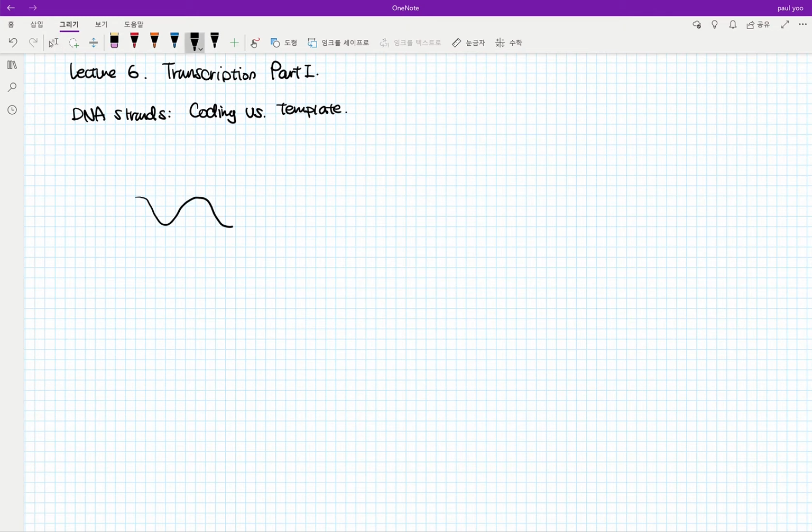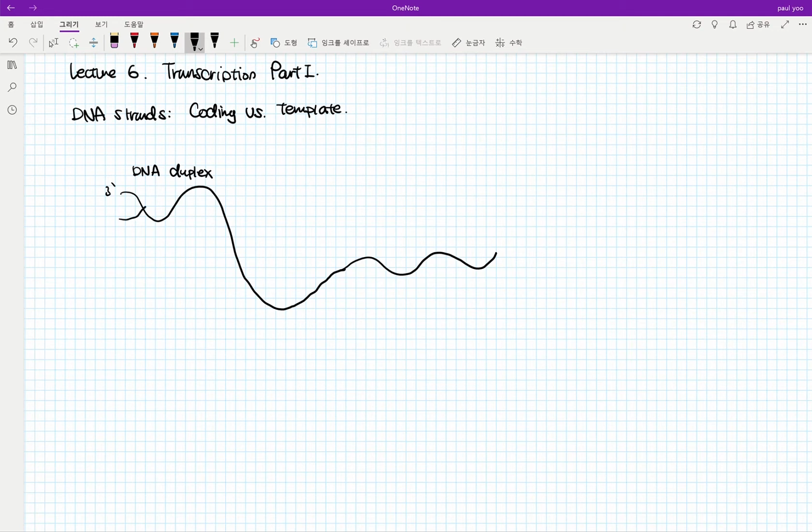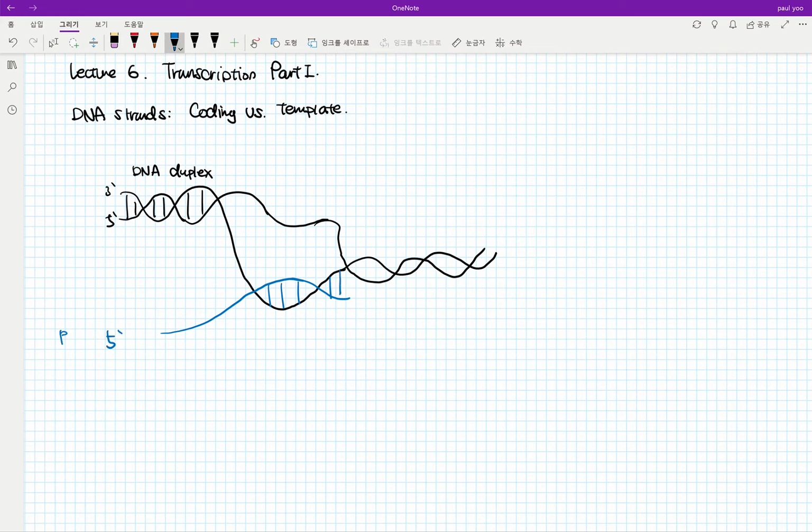This is the 3' DNA, and 5' DNA, and there will be 5' RNA being made, and this is the direction of transcription.